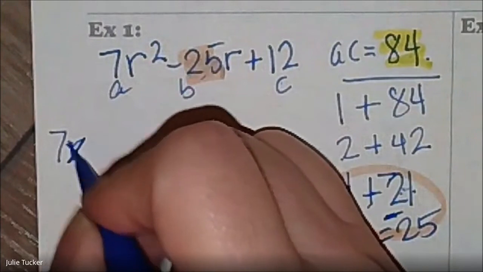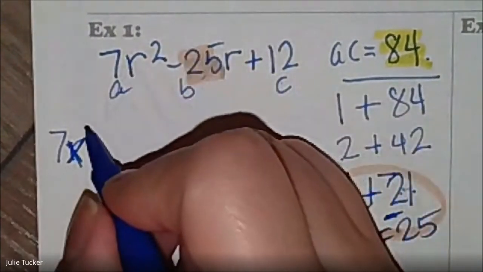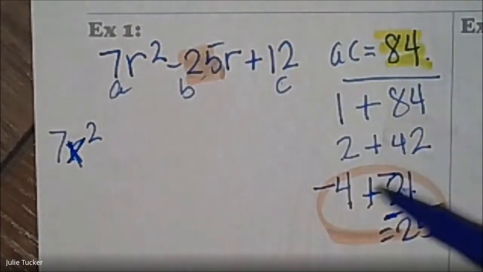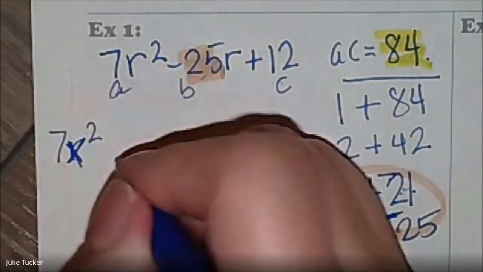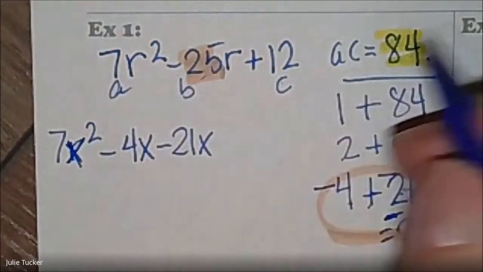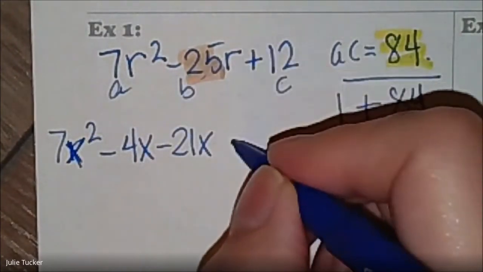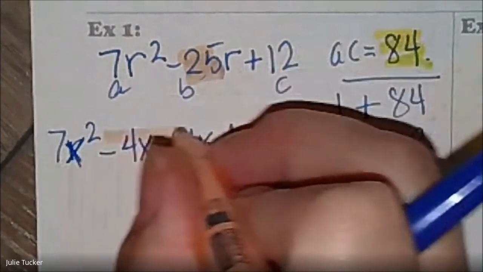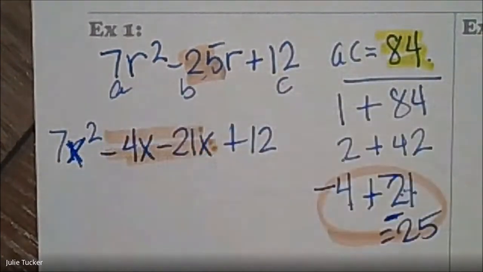You like x's better. I'll write it with x's. 7x squared, but I'll change this negative 25 to a negative 4 and negative 21. And then I'm going to bring down the plus 12. Okay. So all I've done is I've split the middle term into two separate terms.